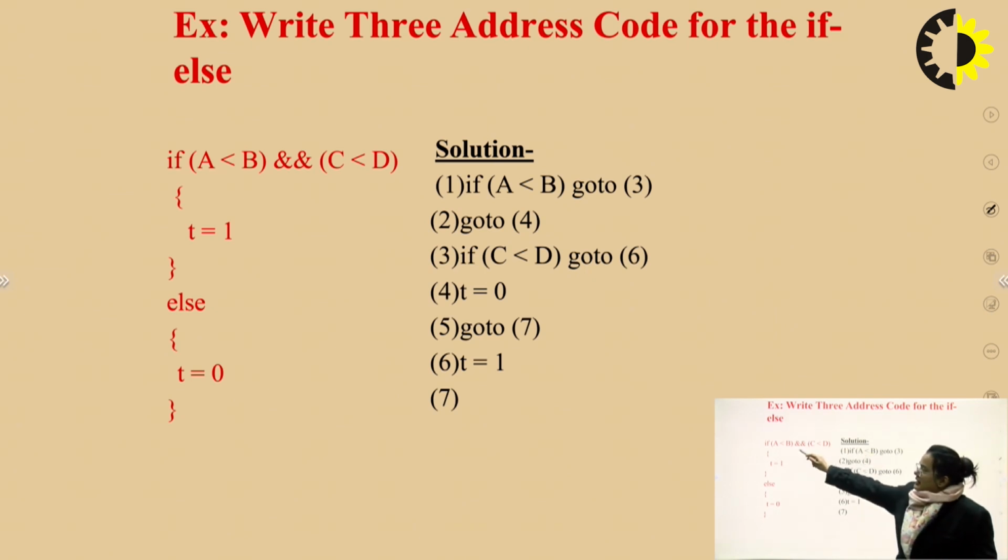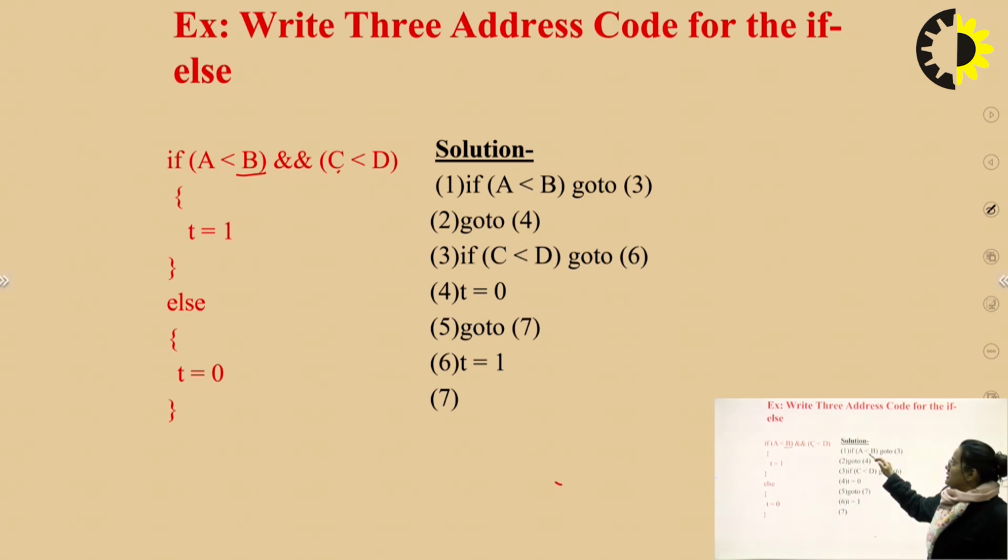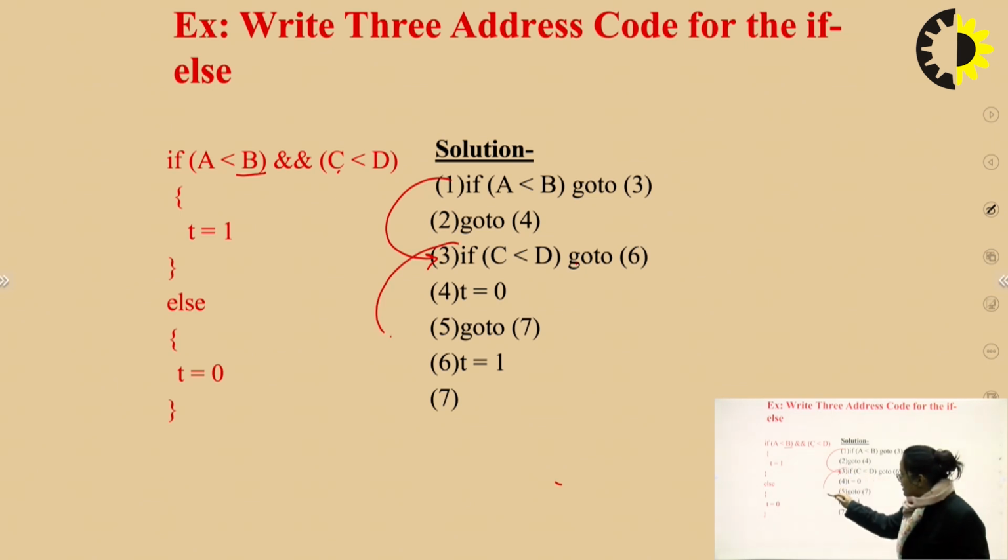If a is less than b and c is less than d, then we execute t = 1, and otherwise t = 0. First we have to check whether a is less than b. If this condition is true, then we have to go on. If a is less than b, then go to 3. If c is less than d, then go to 6. It means t = 1.